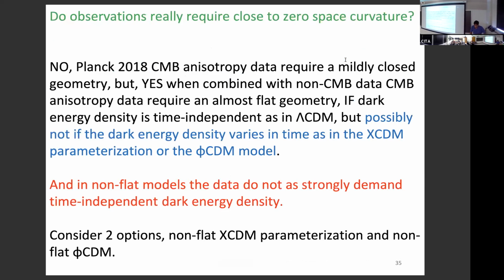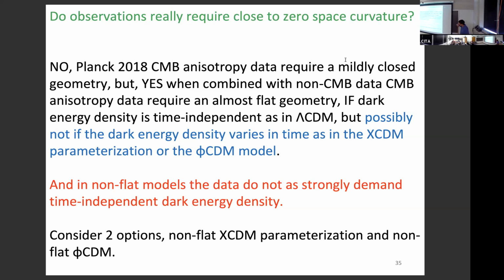Okay, the other issue I want to talk about a little bit is space curvature. If you just look at the Planck data alone, they favor a mildly closed model. Depending on what combination you look at, if you just do TT plus TE plus EE plus low E, then I think it's 2.5 sigma, and it gives you a minus 0.4 in omega curvature.